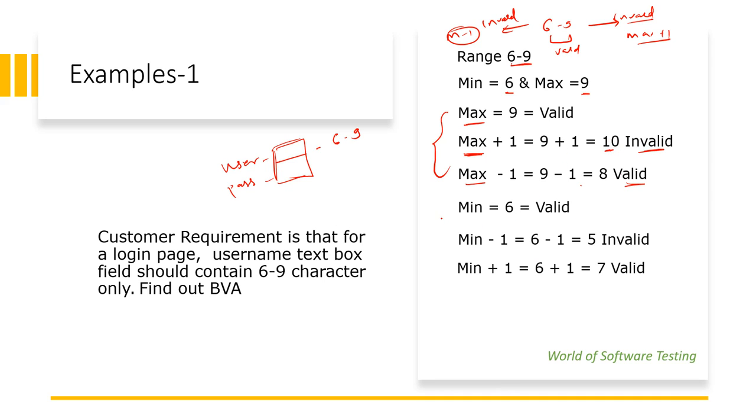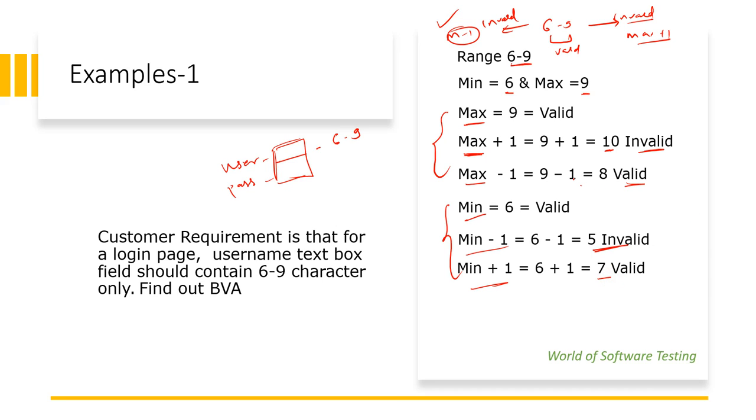And then again for the minimum, this is nominal, min minus 1 just below the minimum and min plus 1 just above the minimum. So minimum minus 1 is invalid, which we have already discussed, and min plus 1 is 7, this is valid.